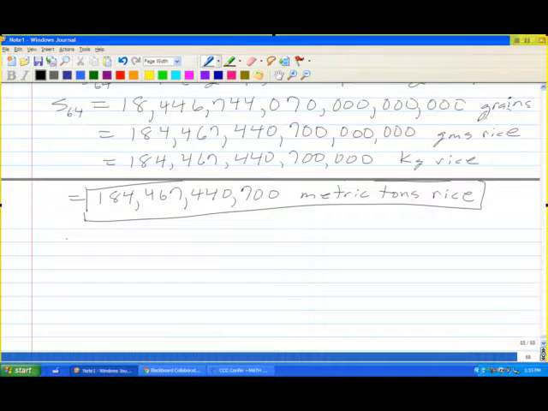Annuities. Well, let's first recall simple interest.